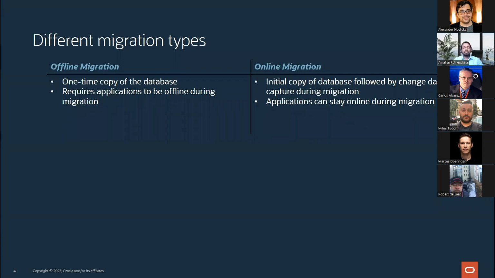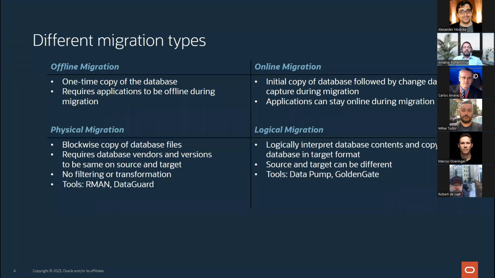During all this time, from the backup, transferring, restoring, and applying incrementals, your application can remain online, and that is the beauty of this migration. Only at the end, when you perform the switchover, depending upon how complex your application is and what other things are using it, there will be a negligible downtime for an online migration. Then we have something called physical and logical migration.